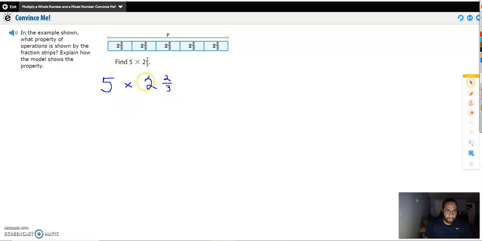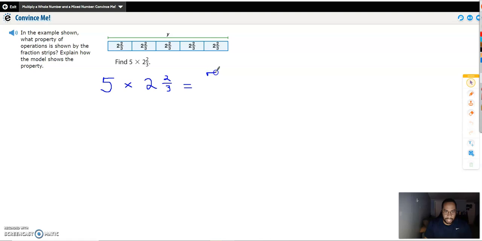First thing we need to do, we can't multiply it like this. What do we need to do to this mixed number? Yes, Jaslyn. You have to turn this mixed number into an improper fraction. And also this 5, you have to turn that into a fraction.